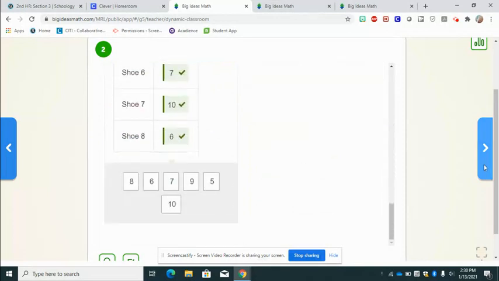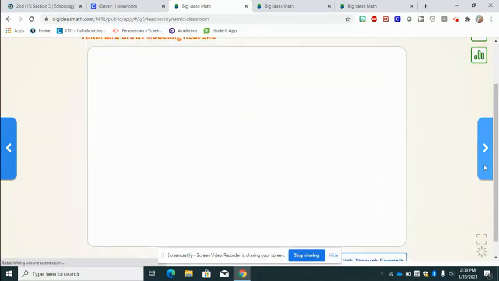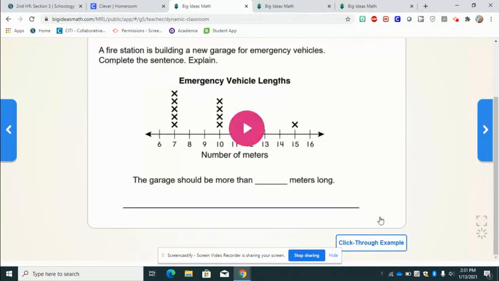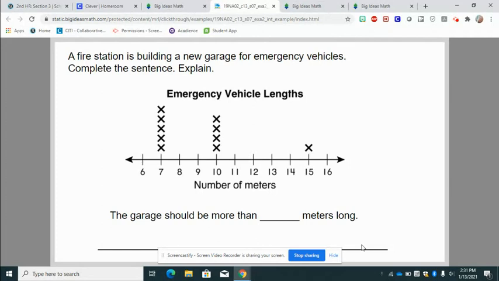Okay. Now let's go to our Think and Grow Modeling Real Life. All right, and this is on page 652 in your math books if you want to follow along.